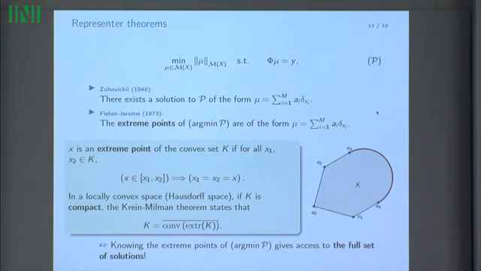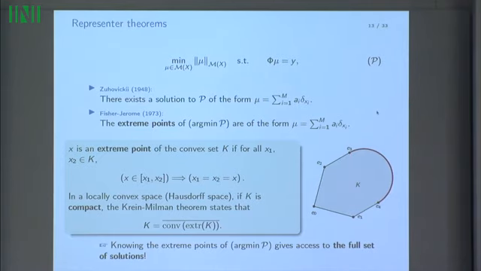If you recall, an extreme point of a convex set is a point that cannot be expressed as a convex combination of two other points in the convex set. On this figure, E0, E1, E2, E3, E4 are extreme points, but also all the points on the semicircle.